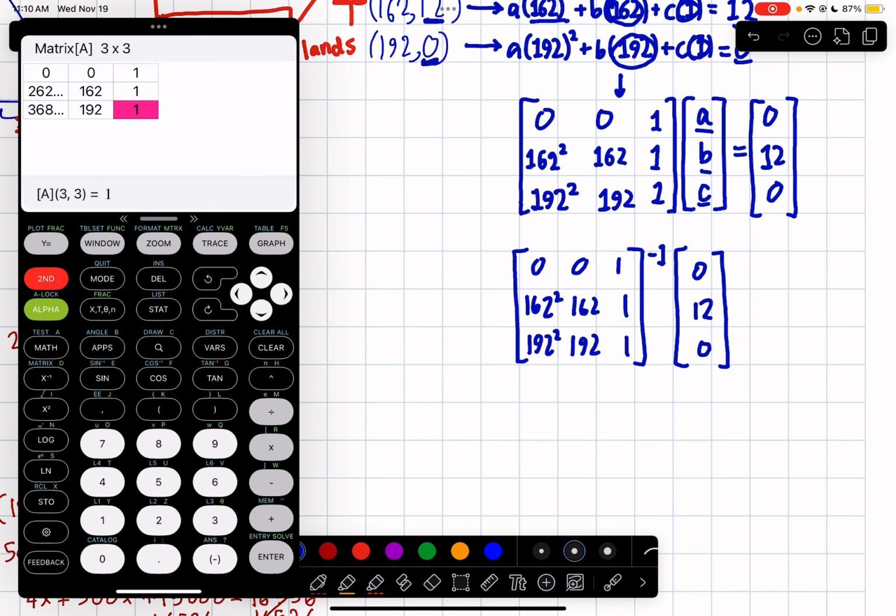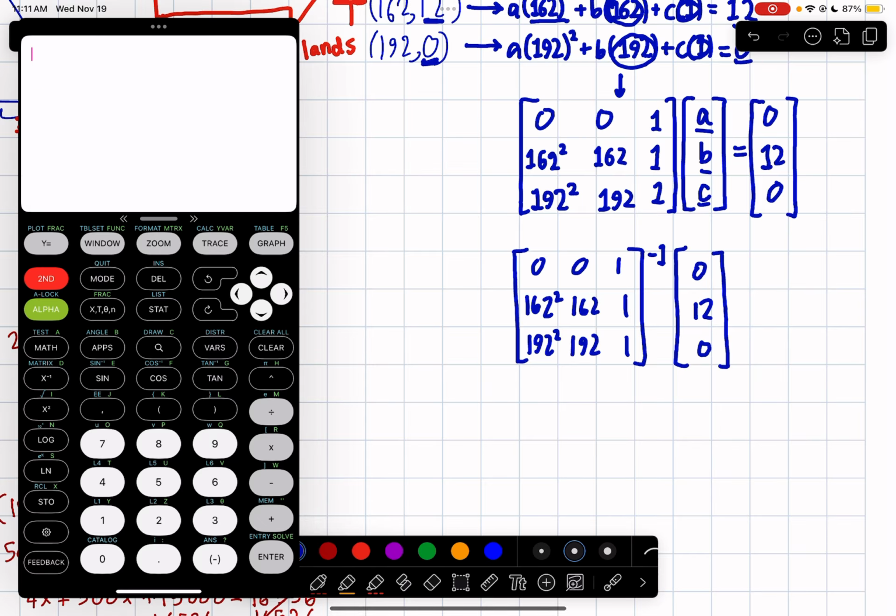Okay, second quit. Second matrix again. This time I'm going to make it a 3 by 1. And that's 0, 12, 0. Okay, and quit.